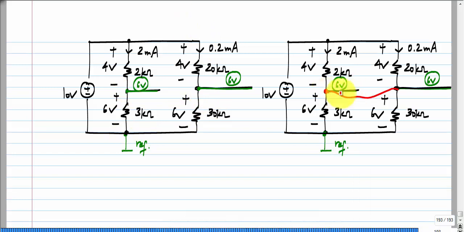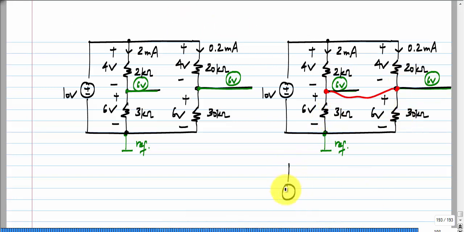And if I make this connection, forget the fact that I derived this circuit from that circuit. If you had this circuit given to you and you were asked to analyze this, you would easily see that this point is at 6 volts and the current through this is 2 milliamp, the current through that is 0.2 milliamps. Because after all, if you look at this circuit, this 2 kilo ohm and 20 kilo ohm are in parallel, this 3 kilo ohms and 30 kilo ohms are in parallel.